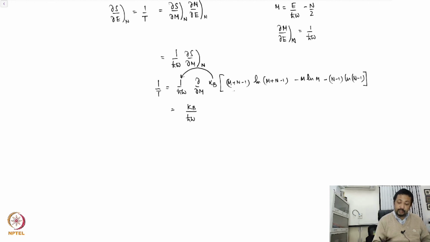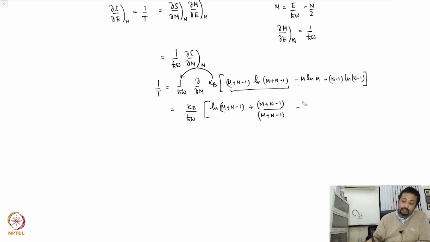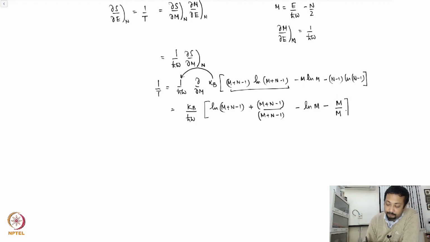Divided by h bar omega, and if you take the derivative of the first term, you are going to get ln (m plus n minus 1) plus (m plus n minus 1) times the derivative of the log, which gives 1 by (m plus n minus 1), and similarly you are going to get ln m minus m divided by m.